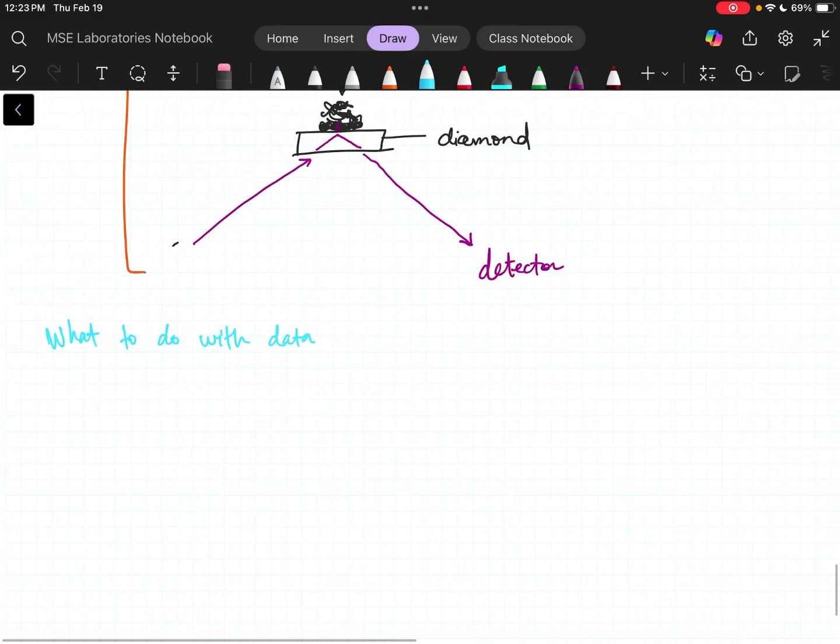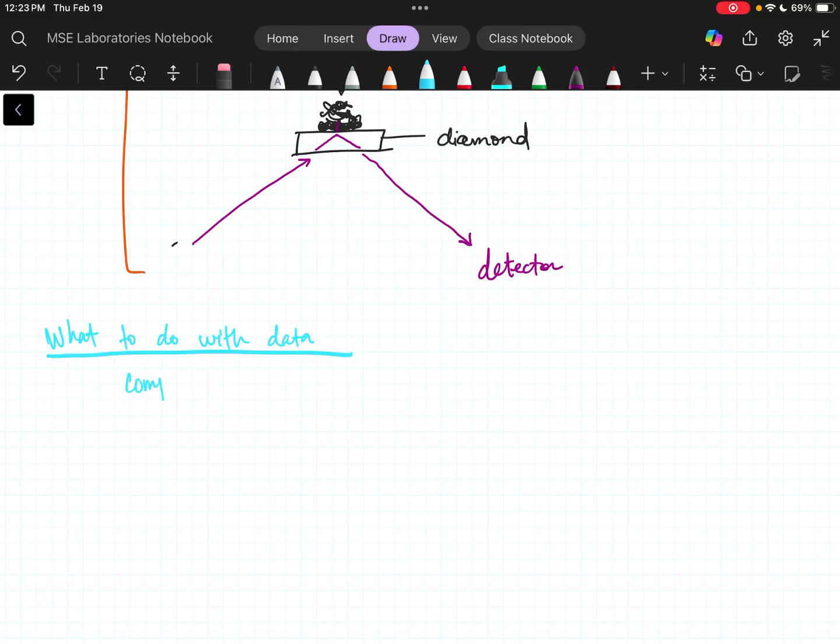Let's talk just a little bit about what we do with the data. You can do stuff as simple as just identifying individual peaks, just like what I was showing earlier, where you're like, I have a nitrogen triple bond, I have a carbon hydrogen single bond.